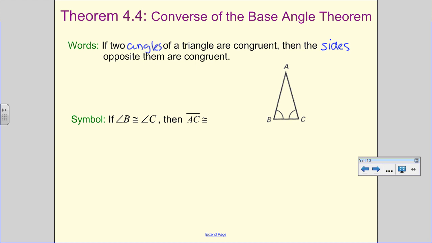So we've got angle B and angle C marked as congruent. That means the sides opposite them are going to be congruent. So if angle B is congruent to angle C, then AC is going to be congruent to side AB.